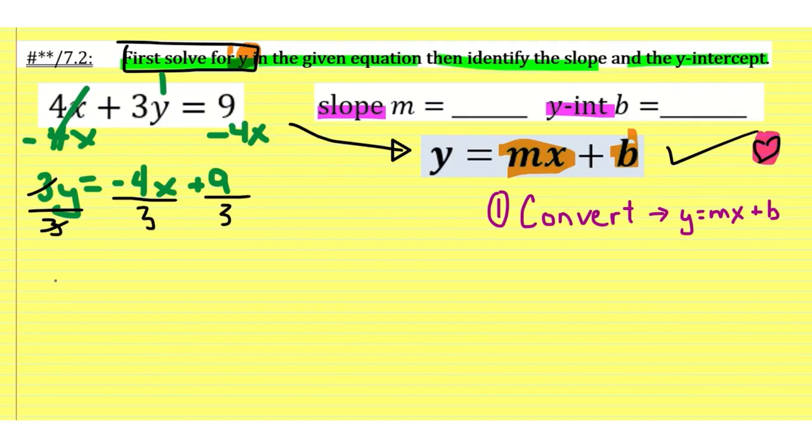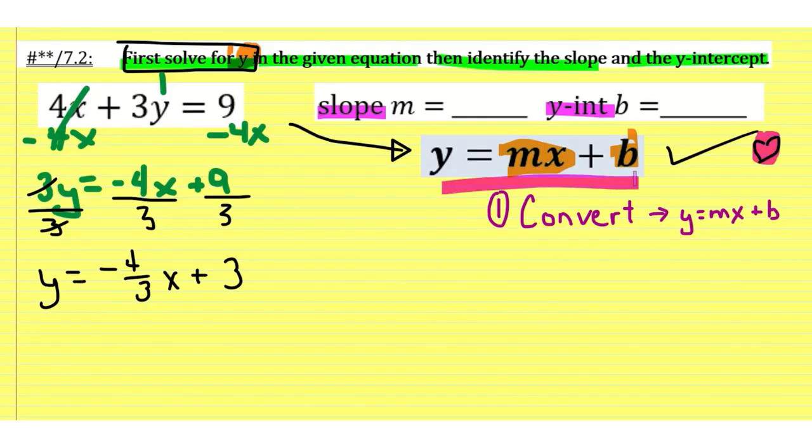These 3's will cancel out, and then I have y is equal to negative 4 thirds x plus, and then 9 divided by 3 is going to be 3. So now I have my perfect y equals mx plus b slope-intercept form, and I can easily identify the fact that my m is going to be the negative 4 thirds.